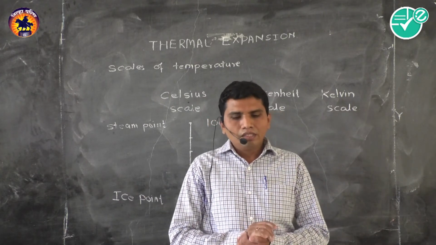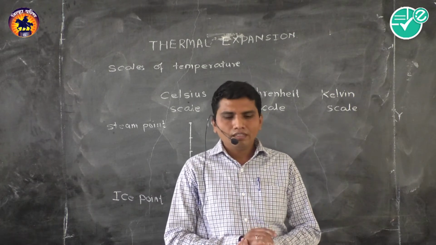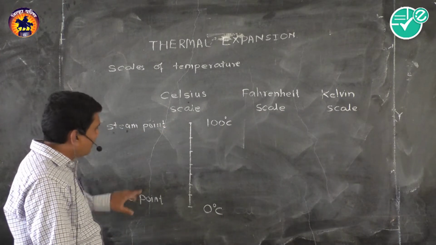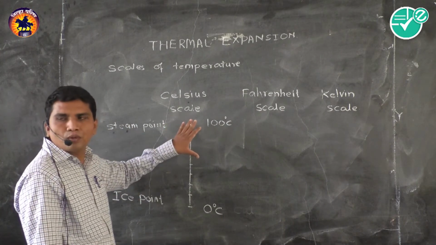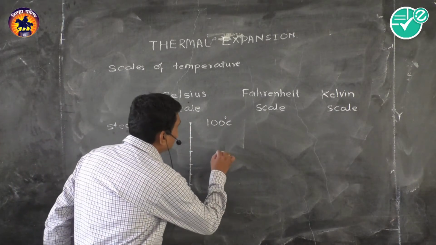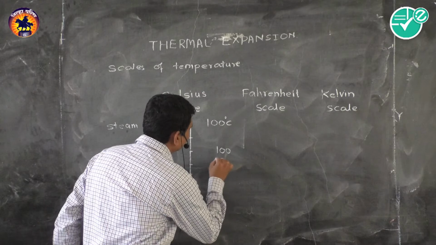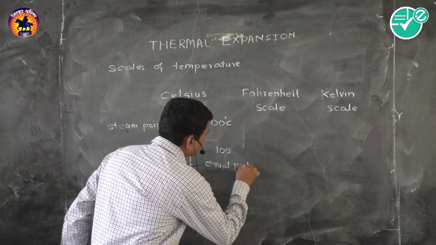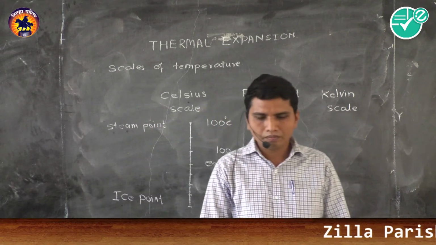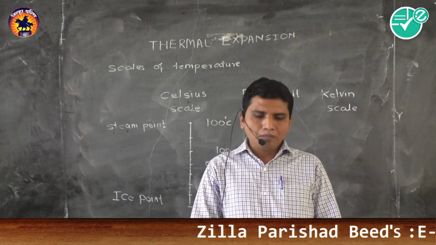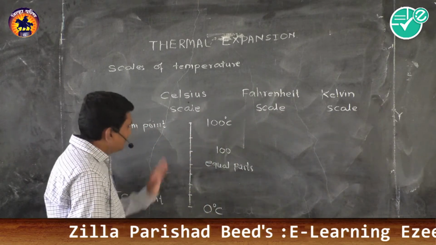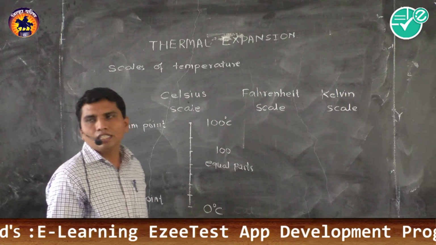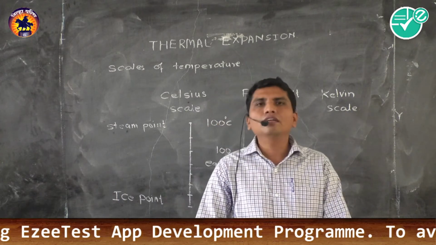The interval between these two reference points is divided into 100 equal parts. Each division on the Celsius scale is called 1 degree Celsius. So this point you have to remember regarding the Celsius scale.